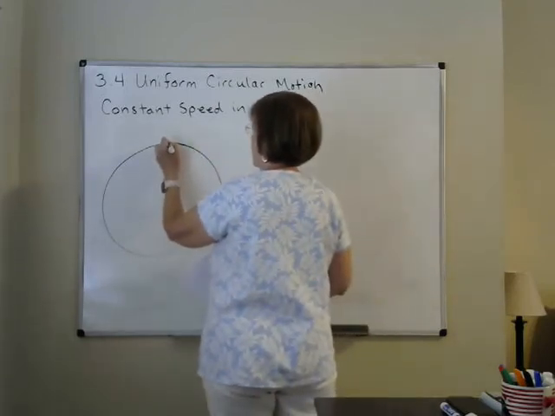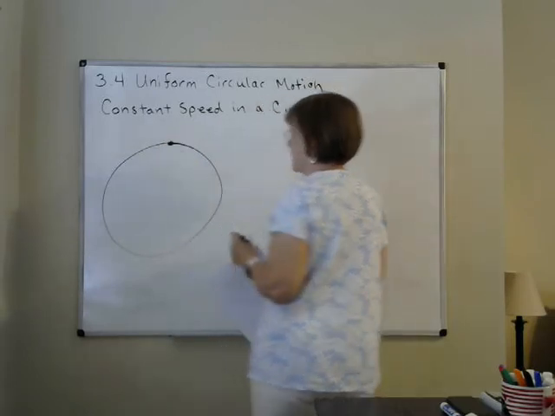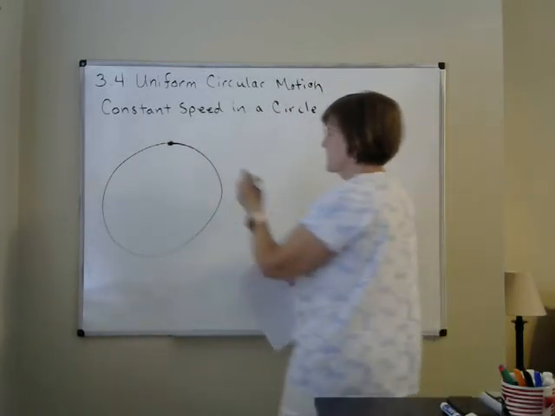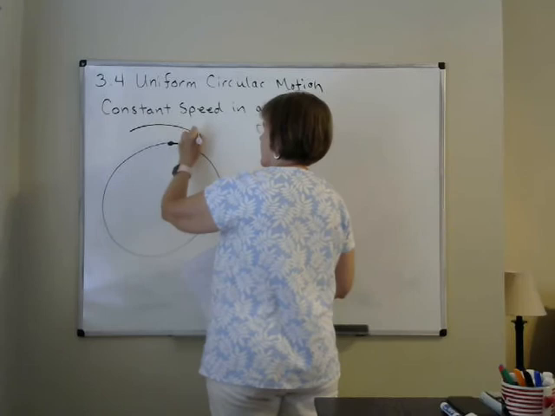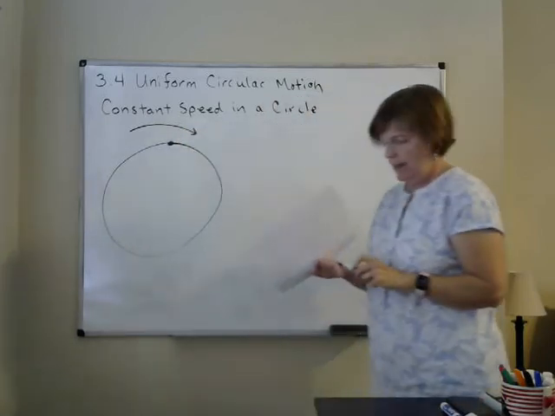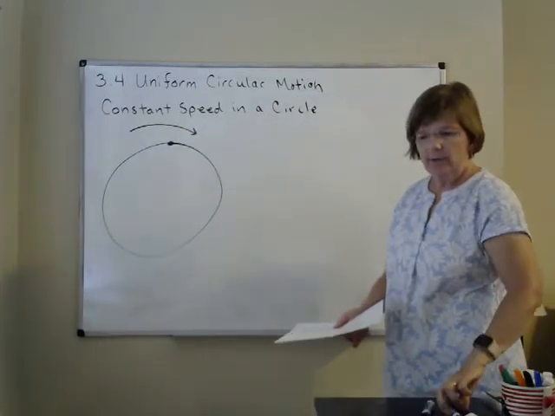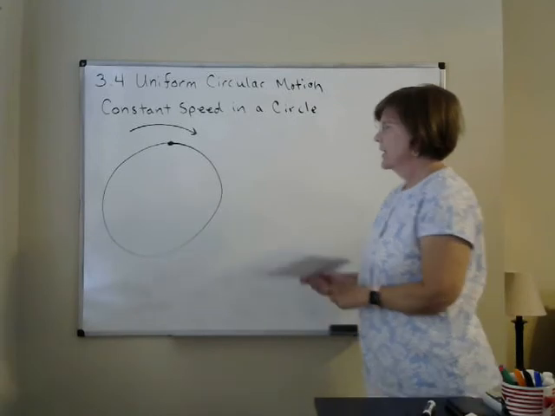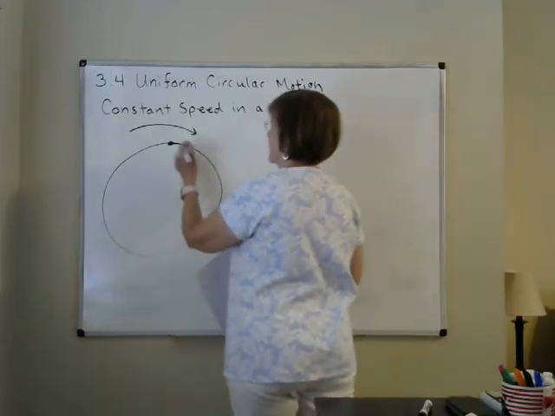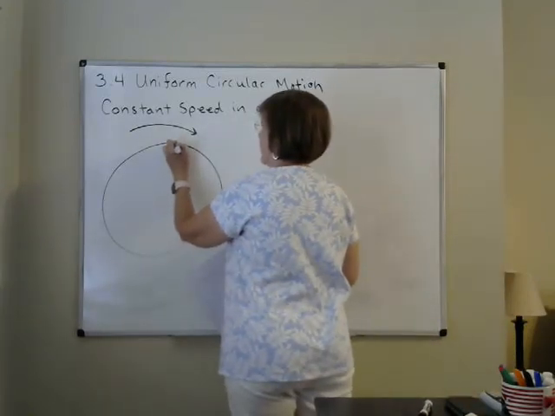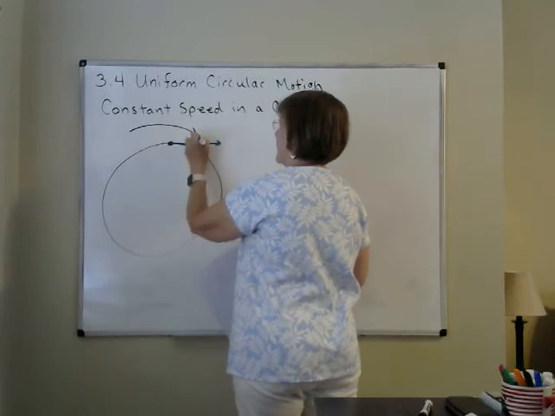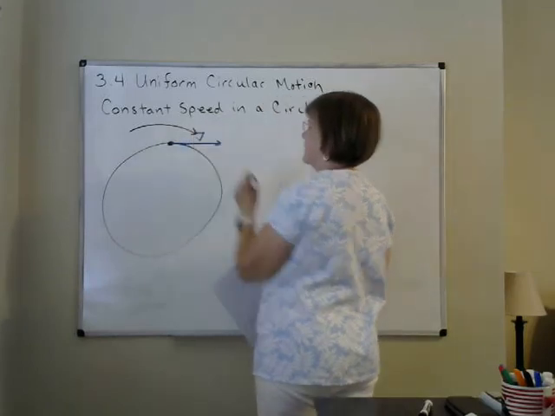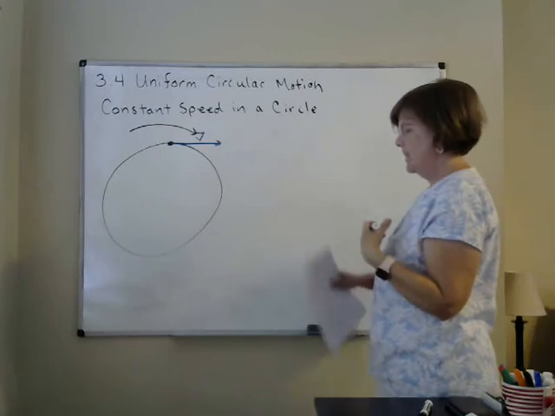Let's say the circle is traveling clockwise. When it's right there, the velocity vector points towards the right. Remember, the velocity vector is always tangent to the path.